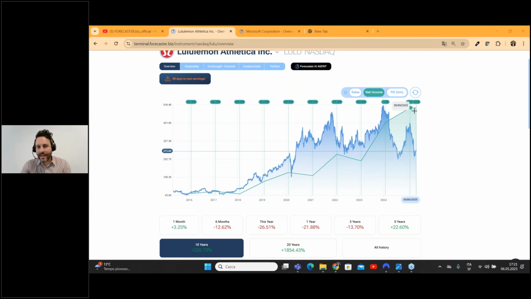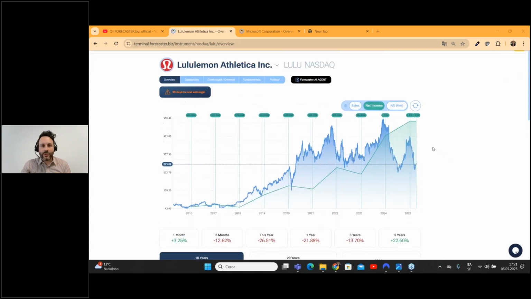But at the end of the day, if the company is making money, the share price will go up. So this is something really interesting to watch, because you know exactly where the opportunity is.